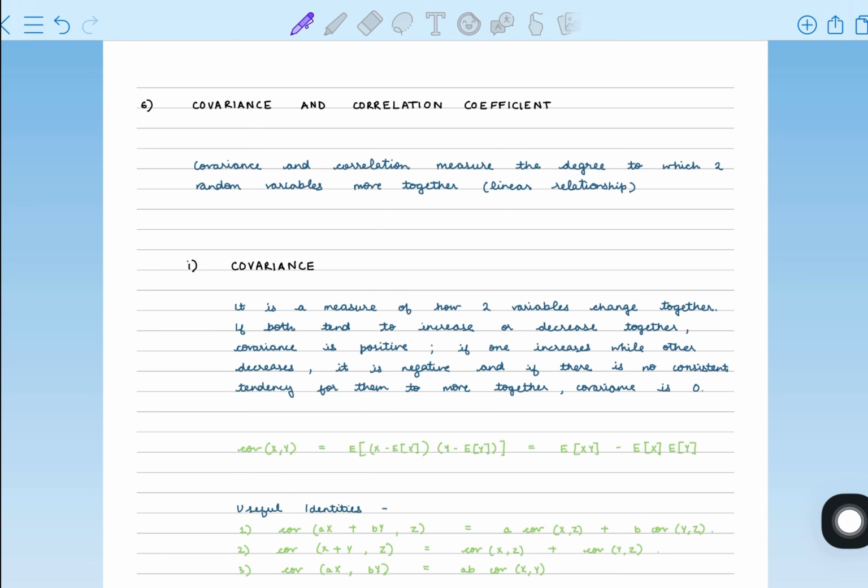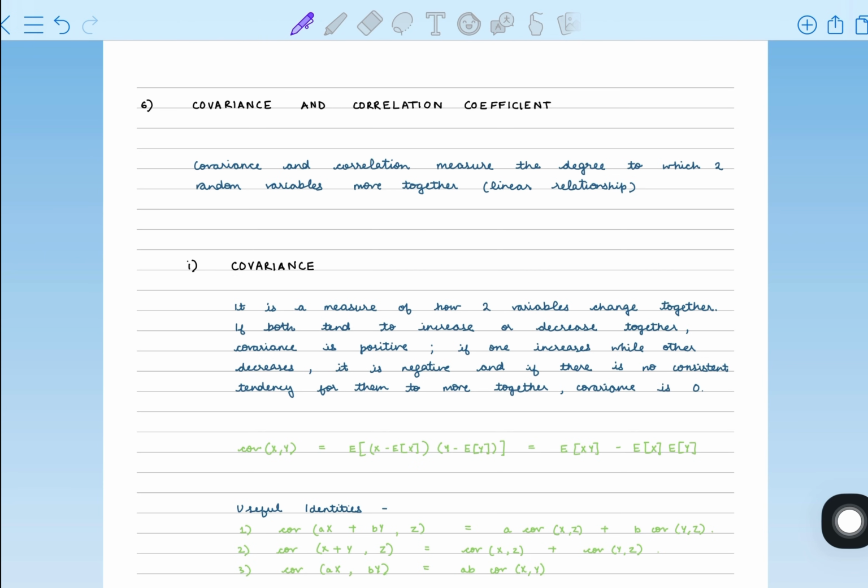Covariance and correlation coefficient. In this section, we study two important measures that help us understand the relationship between random variables. Both measures tell us how two random variables move together. More specifically, they measure the degree of linear relationship between variables. Let's first discuss covariance.